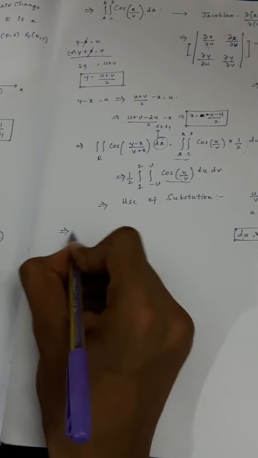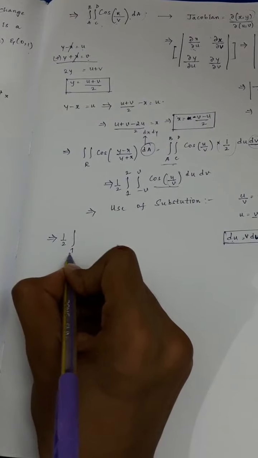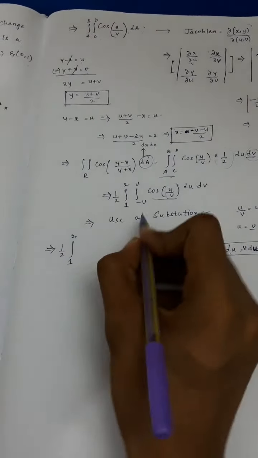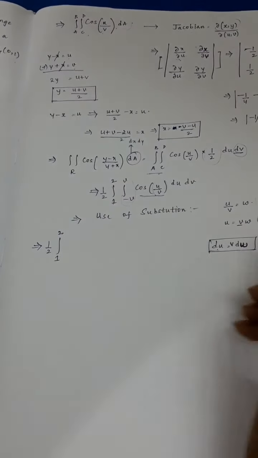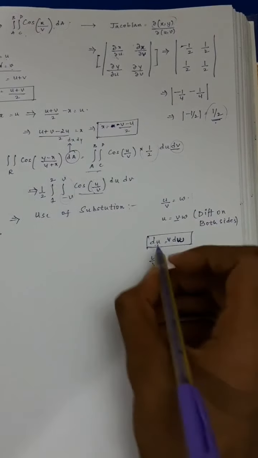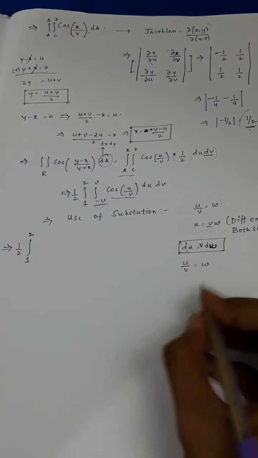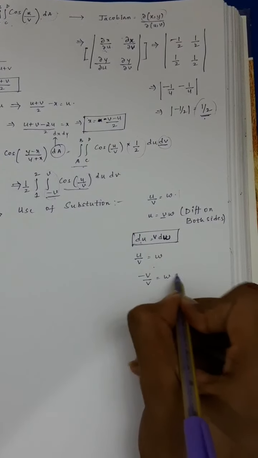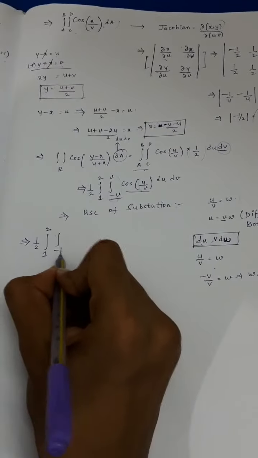So here let us substitute this. The limits will also be changing. The inner integral limits will also be changing. Since u by v is equal to w, at the lower limit u is equal to minus v, so minus v by v is equal to w. So w would be minus 1 at the lower limit.